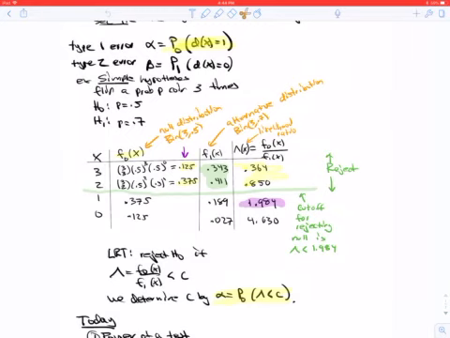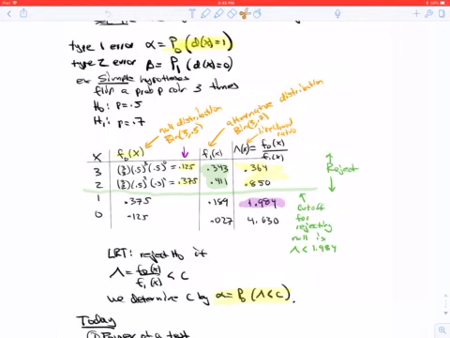and what we see is that when the likelihood is large, we want to accept the null, and when the likelihood is small, we want to reject the null, right?